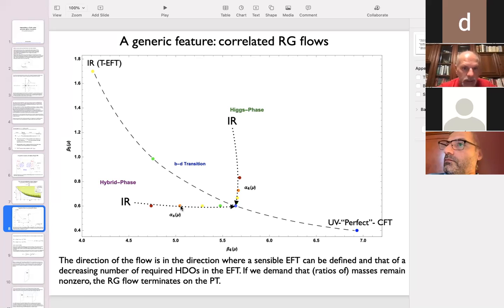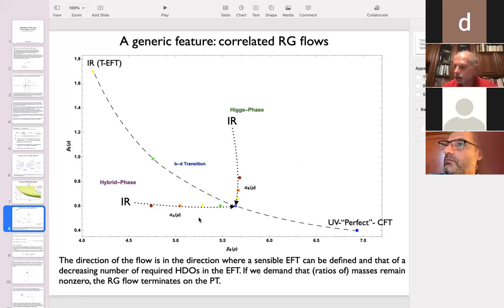And the orange point has the same mu as this orange point, and the yellow, the same as the yellow, etc., etc. And then they end up landing on the same point on the phase transition. This is highly non-trivial because this means that these two RG flow lines are correlated.